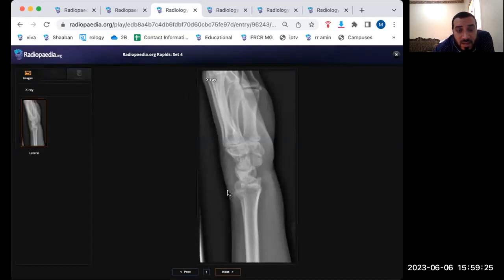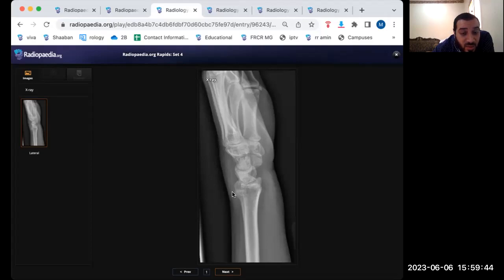For this lateral, there is no side marker, so no need to put down right or left. But it doesn't mean that this image is normal. If it didn't put a side marker, it still could be abnormal. Here you can see clearly that there is distal radius fracture.